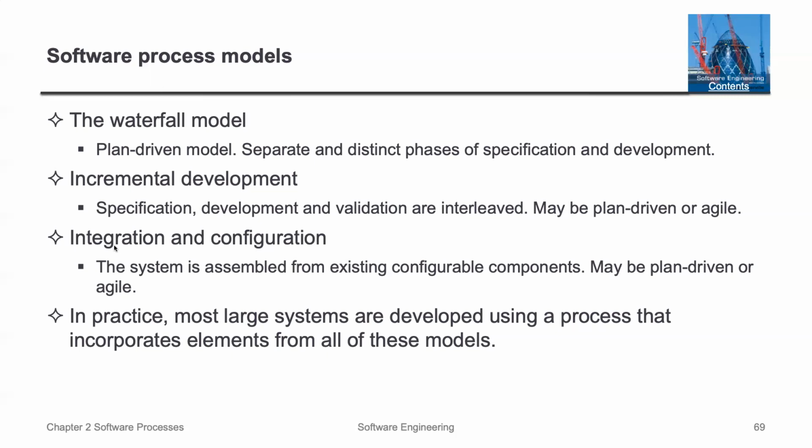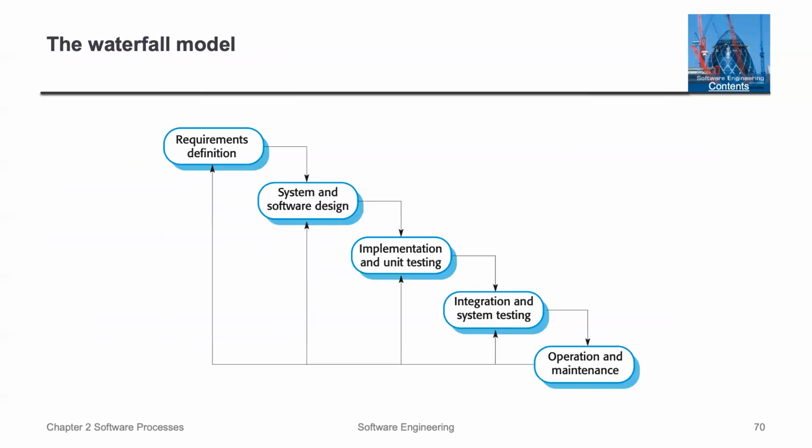Then there's integration and configuration. This is a system that is assembled from existing configurable components. It may be plan-driven or agile. Maybe you have existing capabilities or code components that you're trying to integrate together to make a new application. In practice, most large systems are developed using a process that incorporates elements from all of these models.